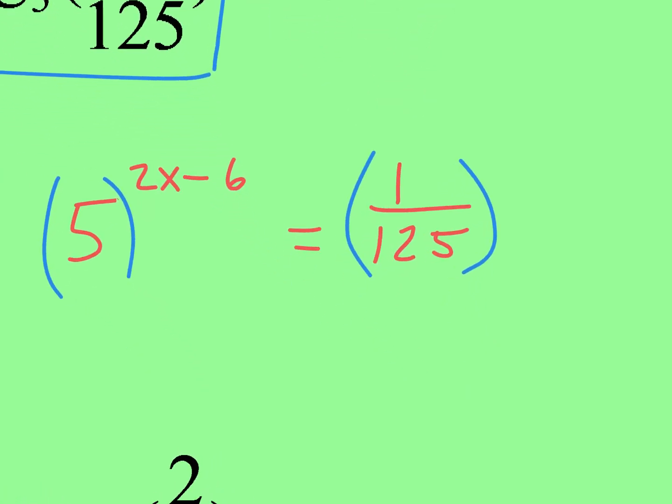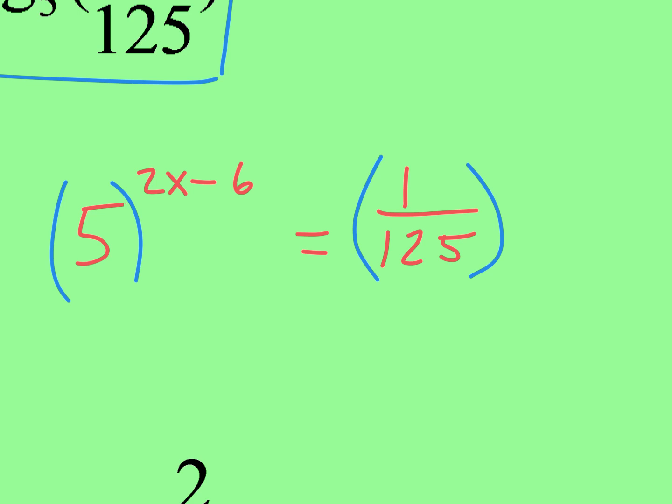All right. Kate, what do you think is the next step? You can change 1 over 125 to 5 to the -3rd. If you get stuck on these like I do sometimes, just try to figure out how to get 5 to turn into 125.